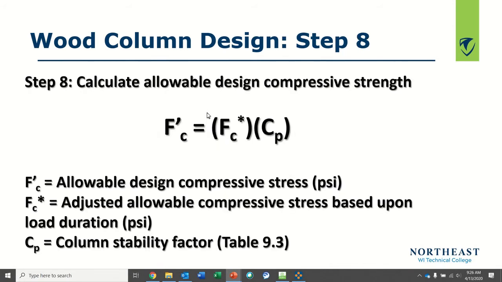Calculate allowable design compressive stress, step 8. F prime C equals my adjusted allowable compressive stress based on load duration times my CP factor, my column stability factor.